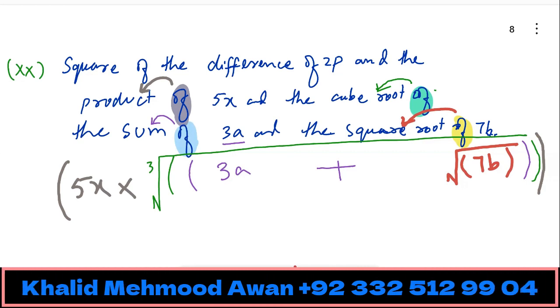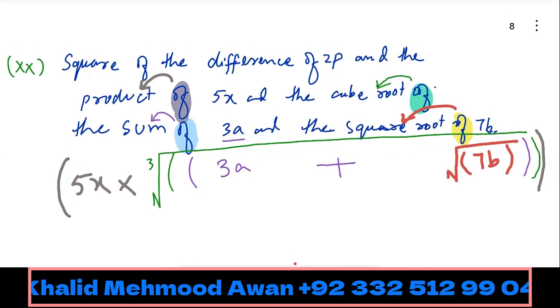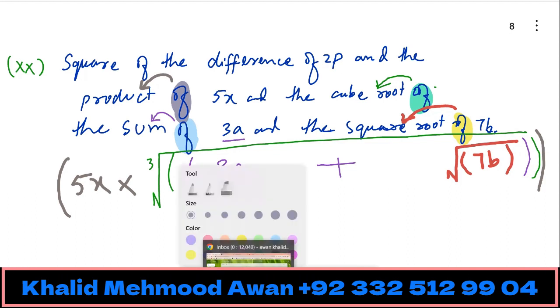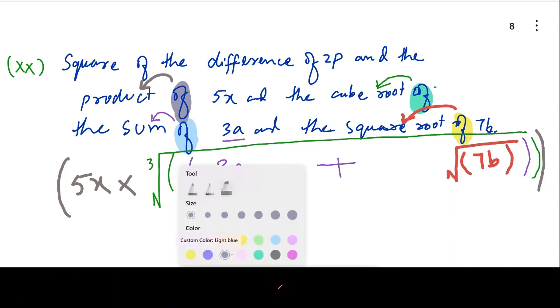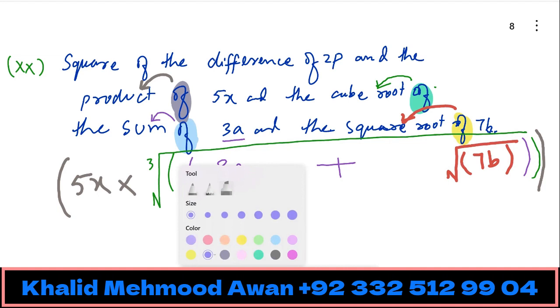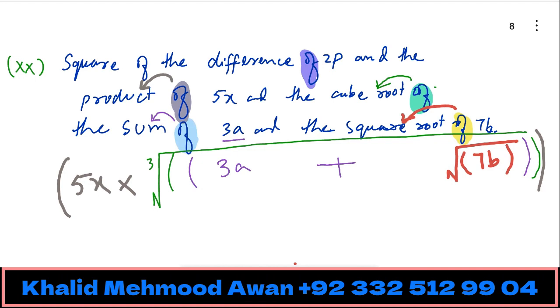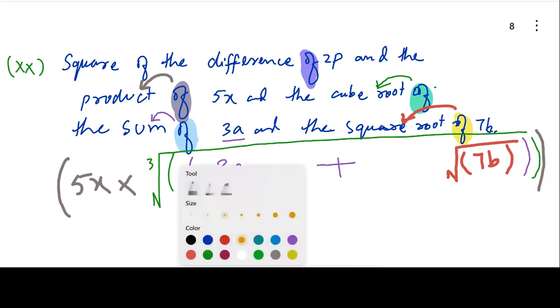Now, as we have done this, if we read further, we see that there is a word, another "of", which is before 2p. So this is another "of", and this "of" means we'll be putting again a multiply sign.